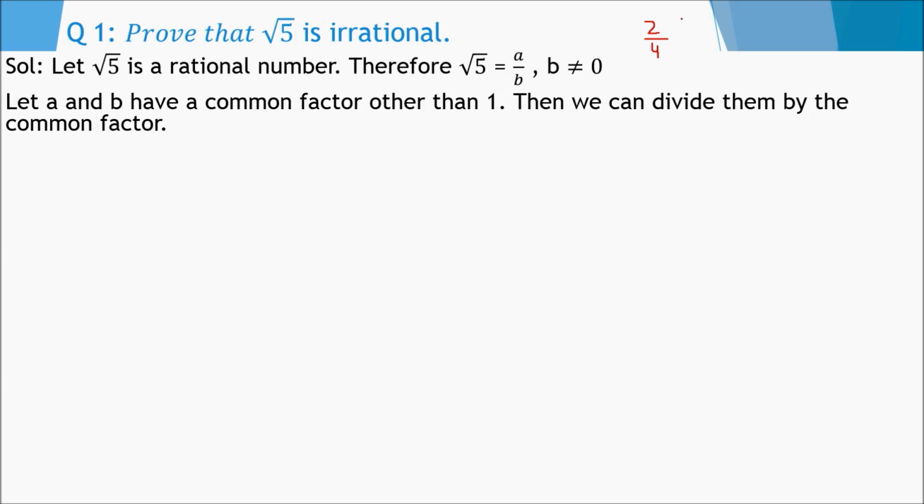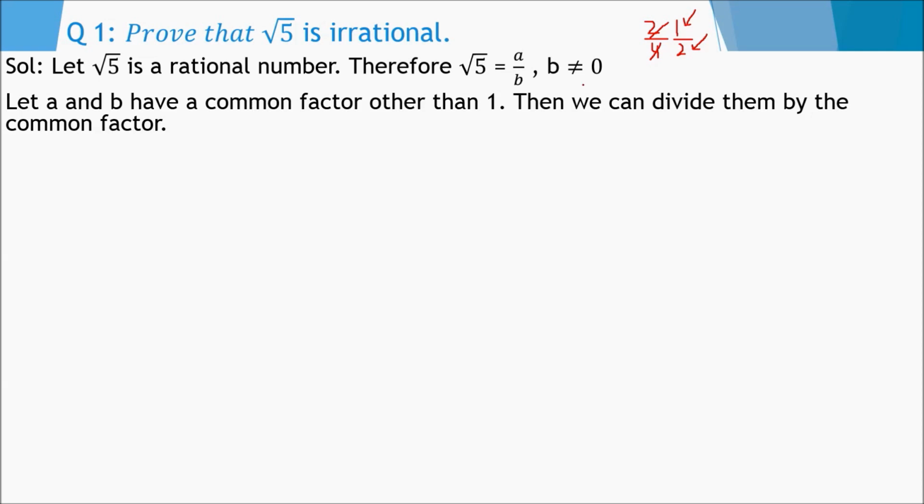If we divide both numbers by 2, we get 1 divided by 2, and now there are no common factors. So 1 and 2 are co-prime and don't have any common factor.